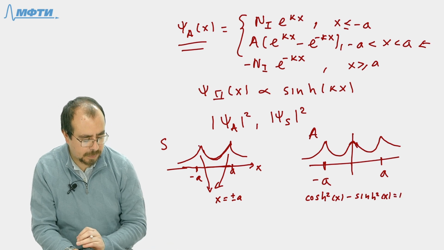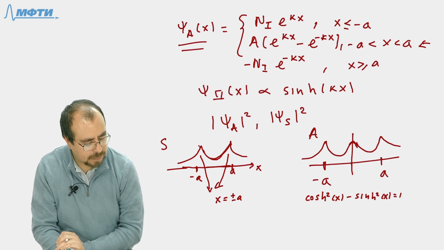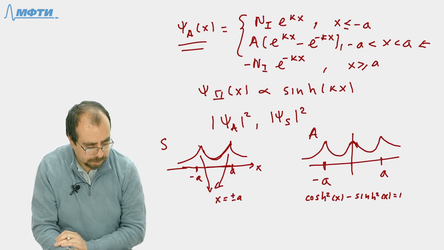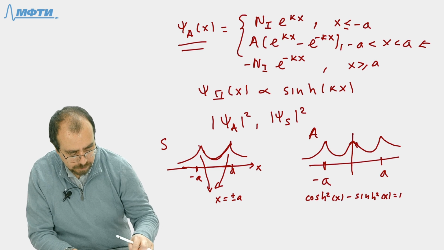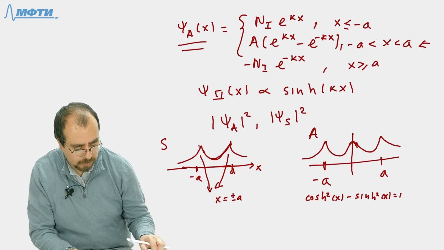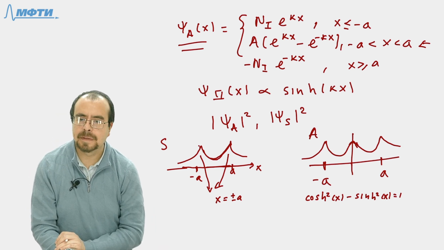So in principle, when we have squares, it will be kind of similar. So the behaviors will be a little bit different from the ones that we have plotted.